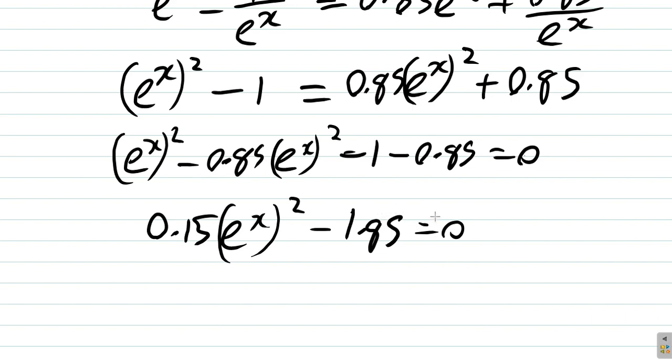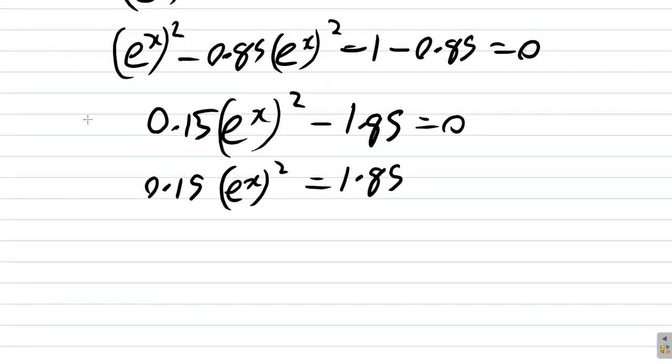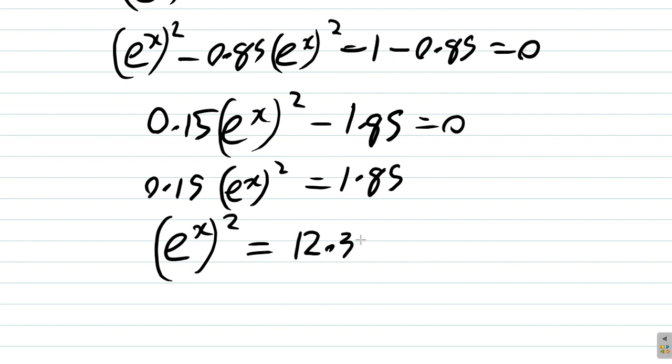Oh, we can just add 1.85 to both sides now. 0.15 e to the x squared equals 1.85. Then if we divide by 0.15, we're going to get 12 and 1/3. So e to the x squared is equal to 12.3, and this repeats.